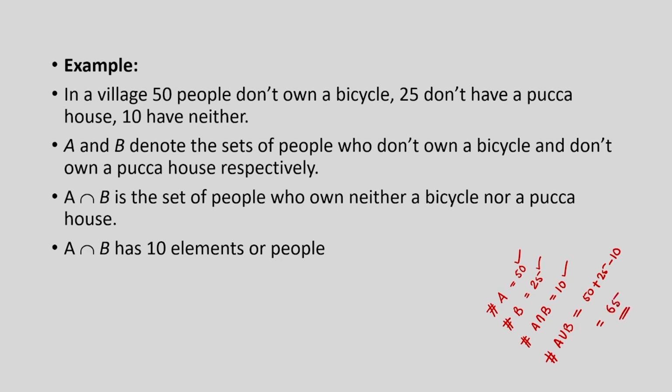Okay, why did I do this operation, this plus this minus this? Because 10 elements are common in A and B. So, if I just add this and this, then we will be counting some of the elements twice, because they are both in A and B. So, to avoid this double counting, I take out those people who are common in both the sets. So, 10 is taken out. So, I am getting 65.